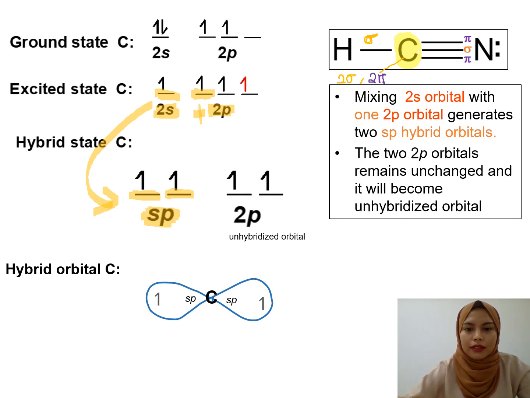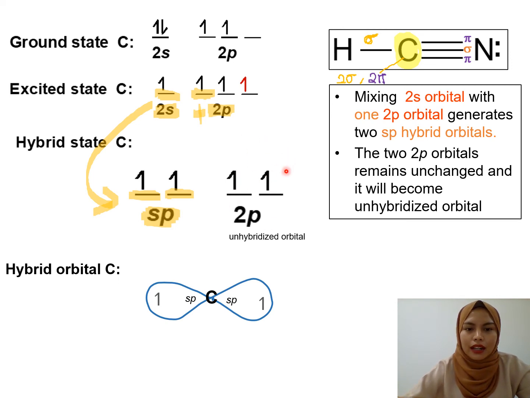Okay, so what happened with the rest of this orbital? The rest of the orbital, since dia tak terlibat di dalam hybrid orbital, dia still consider as 2p orbital, cumanya is gonna be 2p unhybridized orbital sebab dia tak terlibat pun di dalam pembikinan hybrid orbital. Okay, tapi this single electron, each of them ni akan buat satu pi bond, this one pun akan buat another pi bond juga.